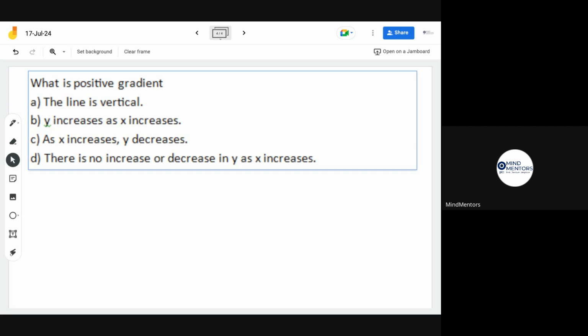So in your class, one of the common usages of this linear equation that you will find is modeling a scenario using a linear equation. So we will try to do some.